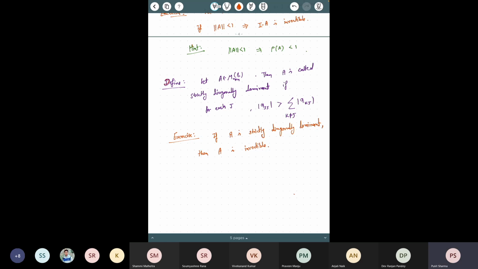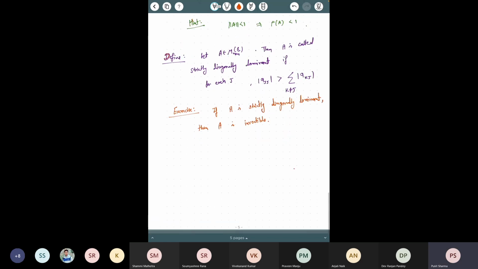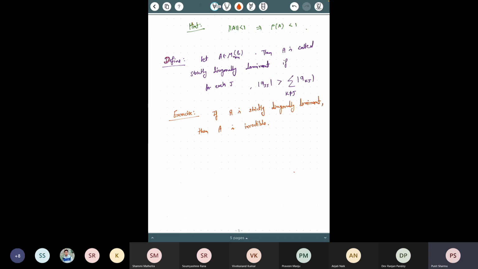Now, what was our ultimate goal in today's lecture? Our goal is to say something about this kind of terms, right? We want to say when such an infinite series in matrices, or you can say a power series in matrices, makes sense. That means when this kind of series is convergent.